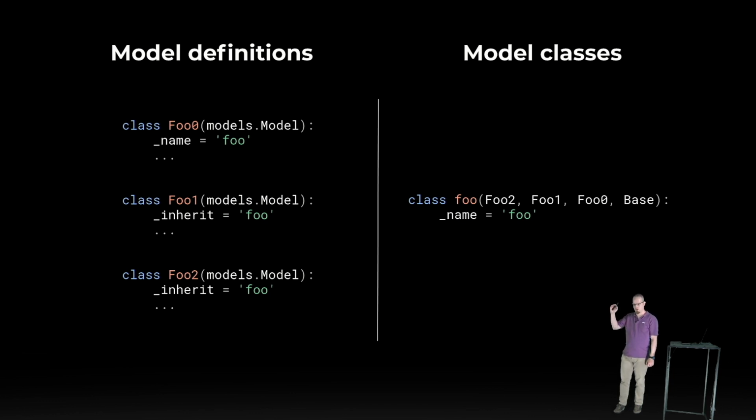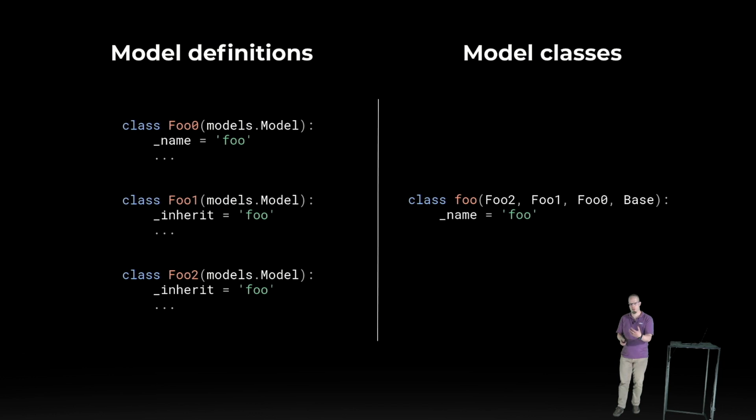So this corresponds to the reverse order of the model extensions somehow. So you first look up the last extension and then you go up to the initial definition of the model. And then you have an extra base class, which I'm going to talk about in the next slide.